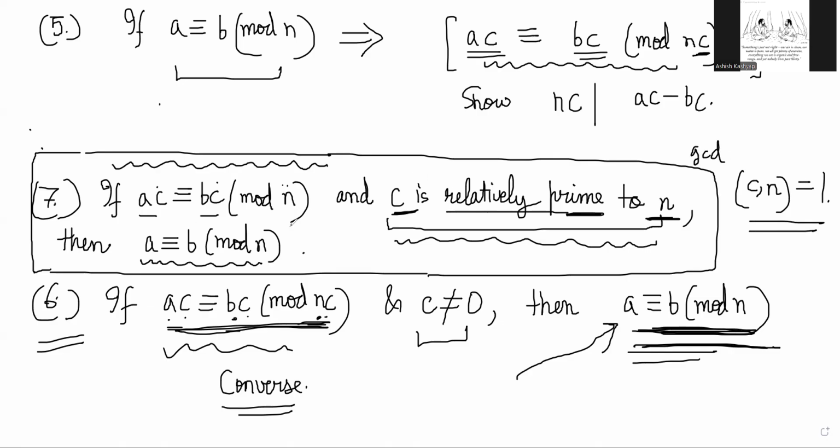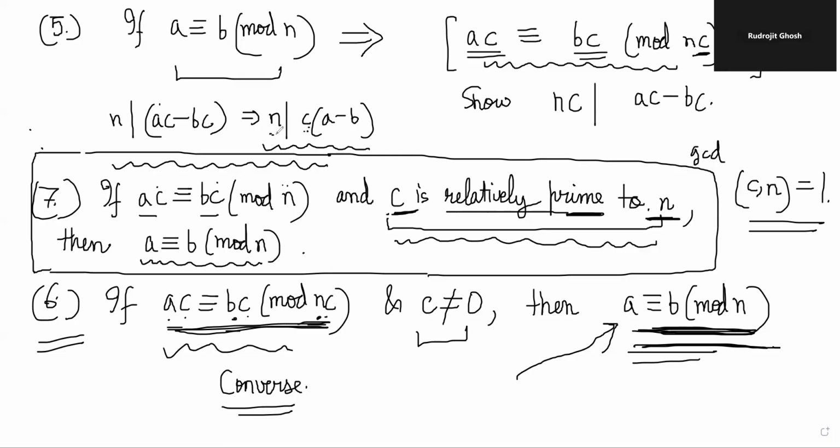The proof of this is easy because we already know the meaning of this. So we know n divides AC minus BC. So that means n divides C times A minus B. Now, if n divides C times A minus B, we know that C and n are relatively prime to each other, right? If C and n are relatively prime to each other, then they don't have any common factor, right?